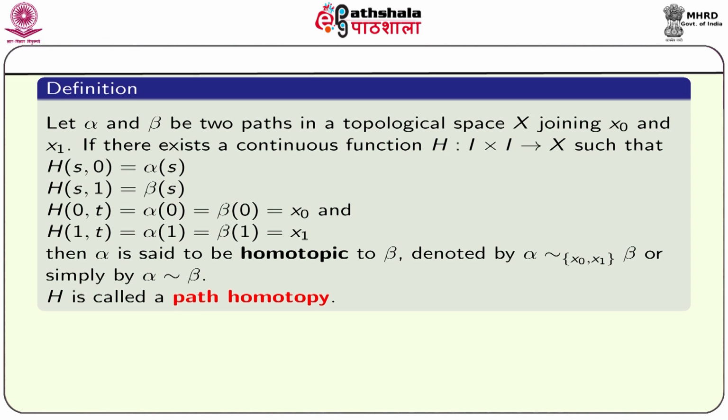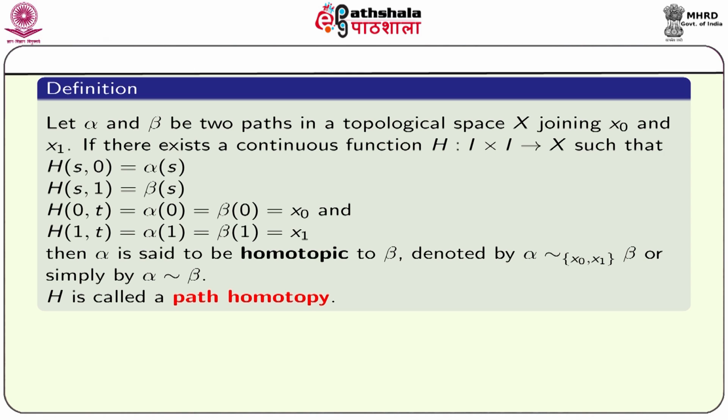We say homotopic with respect to, or relative to, the points x0 and x1. We shall use a simplified notation, alpha homotopic to beta, without mentioning the initial and the final points x0 and x1 in the subsequent development of this course.